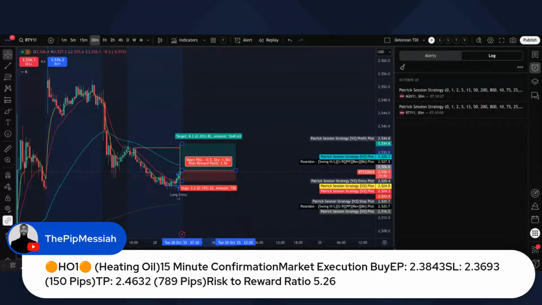Stop at 25.2340. That's for 32 ticks. Take profit at 25.3480. That's for 82 ticks.